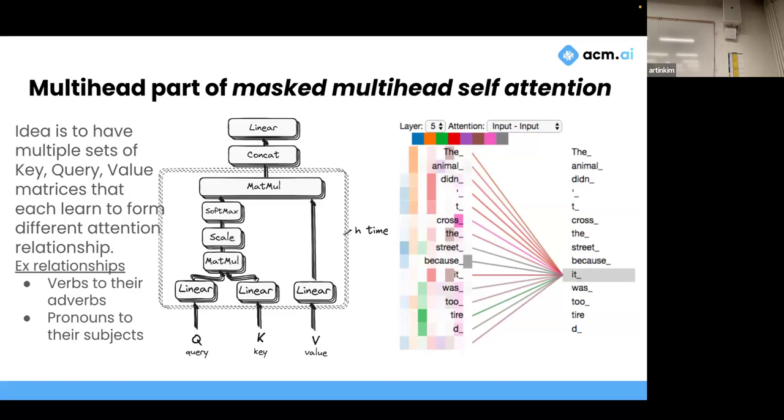So the idea is that we have a bunch of these query key value sets that each do this entire self-attention process. We have multiple of them, and they're called heads. And we have each of them try to learn a different thing. Again, it's not as interpretable as verbs combine with adverbs, pronouns to the subjects, things like that, but each of these sets of query key values can learn different ways of attending in self-attention.